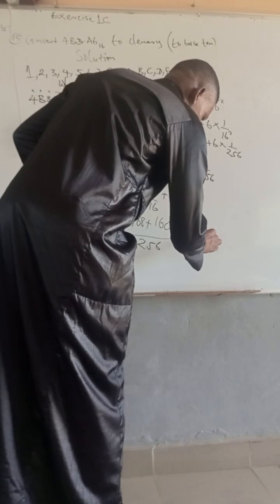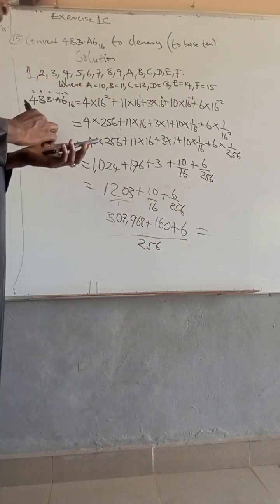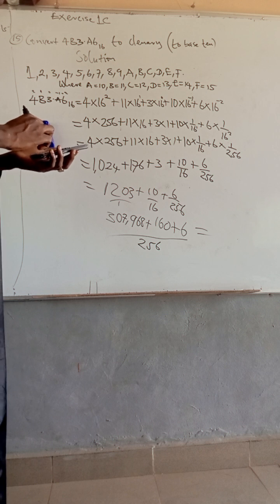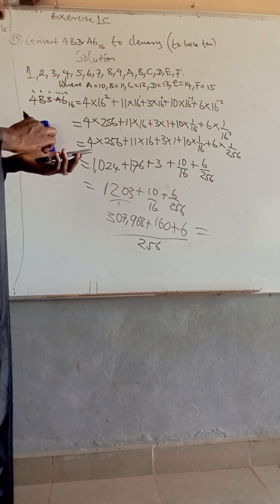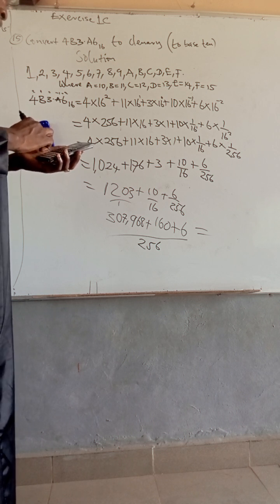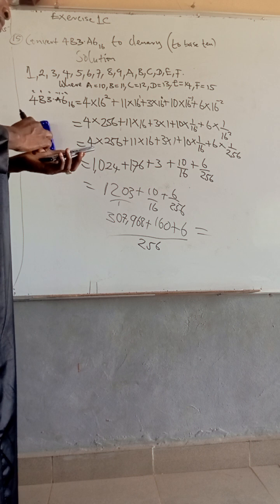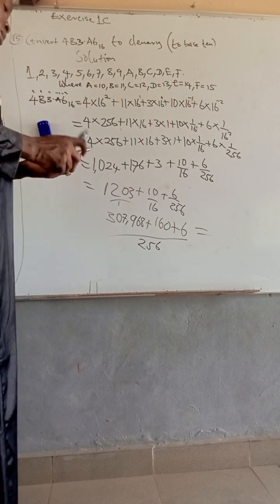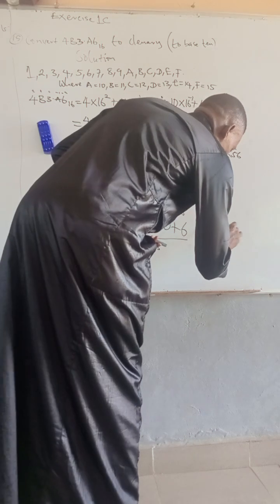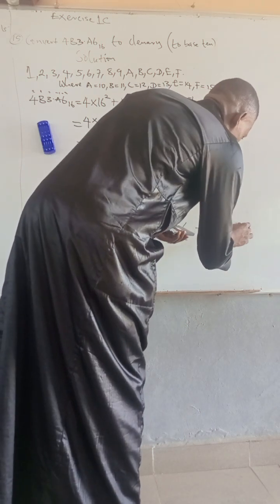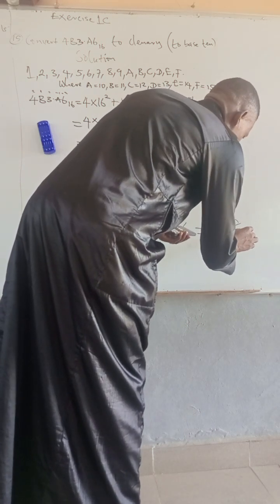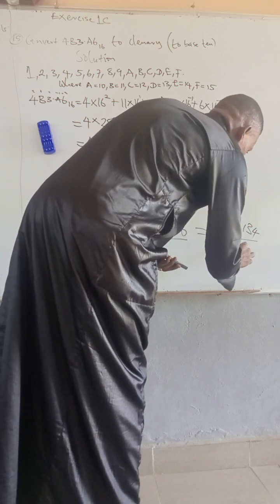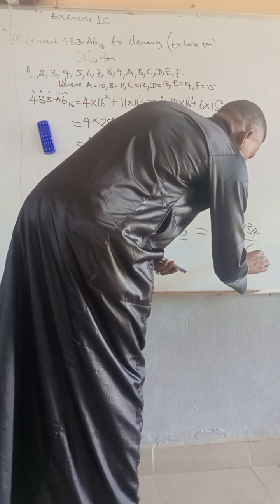So the next step now will be adding all the numerators. You have 307,968 plus 160 plus 6, which will give you 308,134 all over 256.